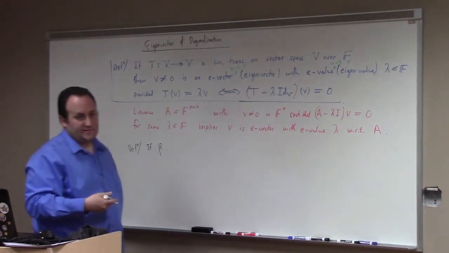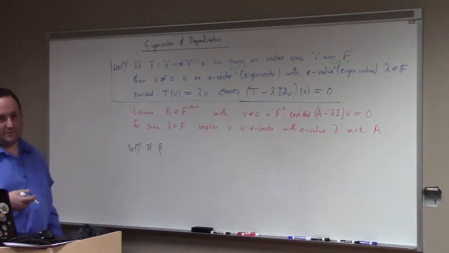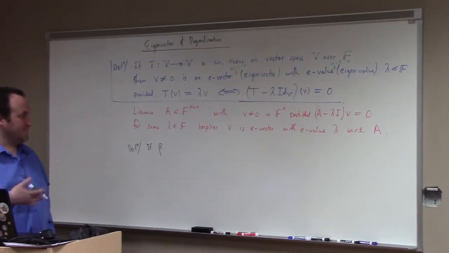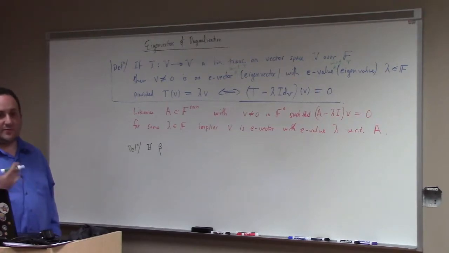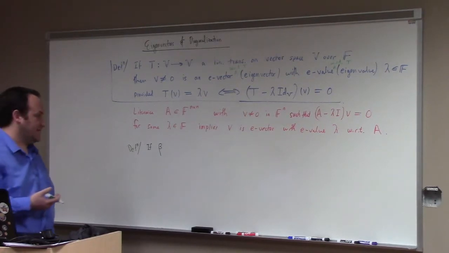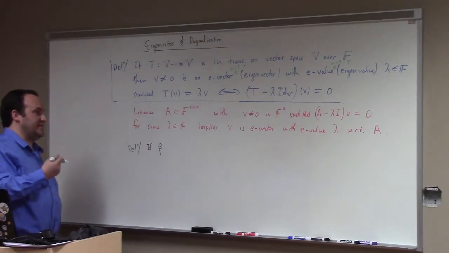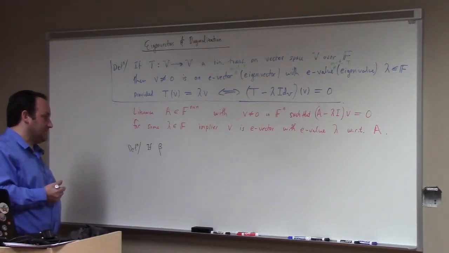When the context is clear, I won't say what it's an eigenvalue or an eigenvector with respect to, but to be most pedantic, I really should say with respect to the transformation or the matrix, because the eigenvalue and the eigenvector concern our specific choice of transformation or matrix.